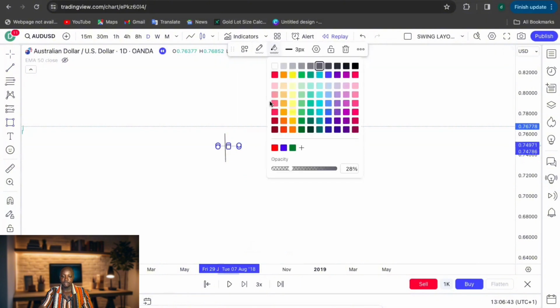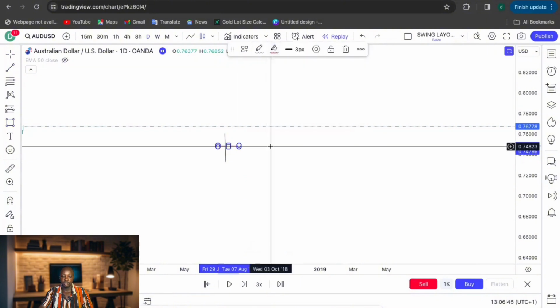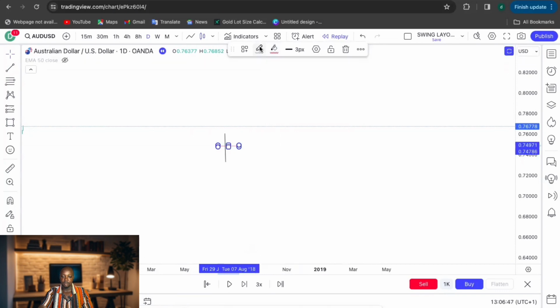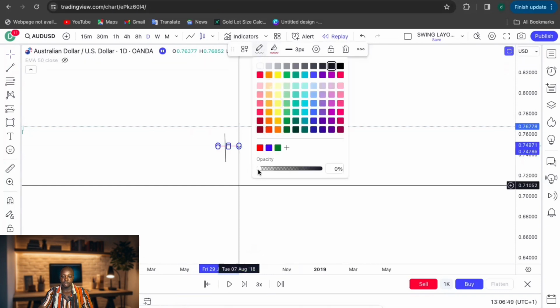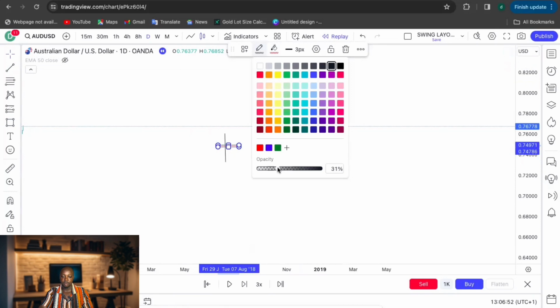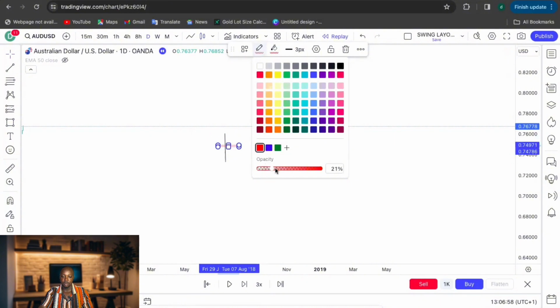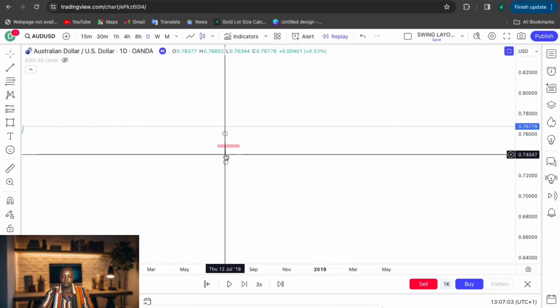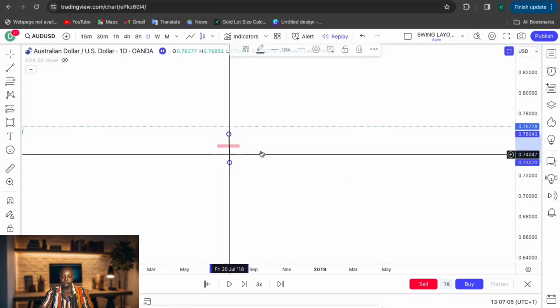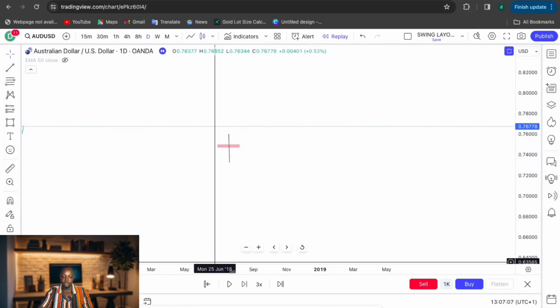Let me change this to red. This is a doji.